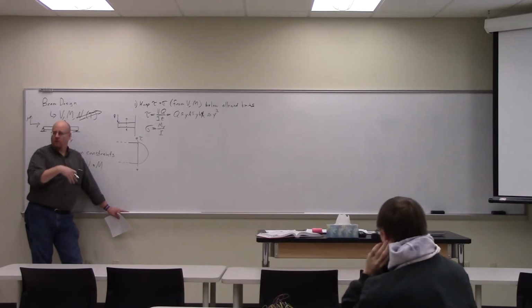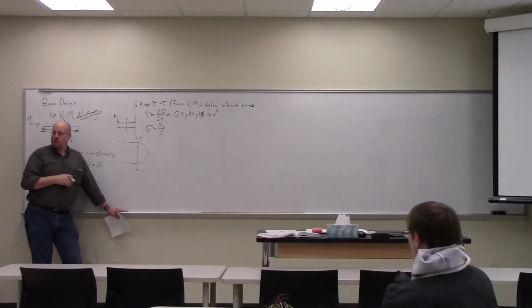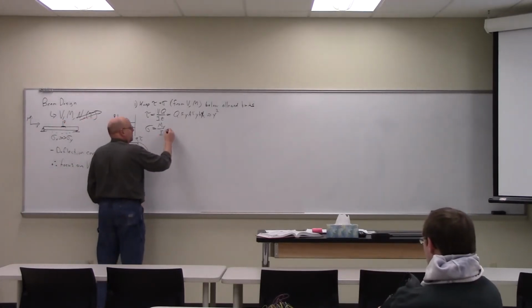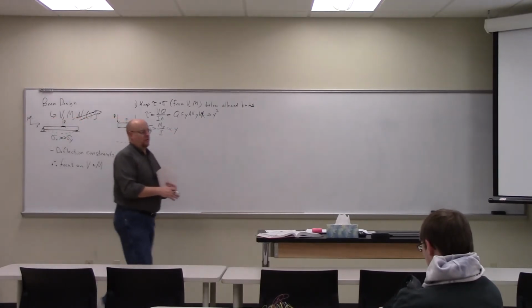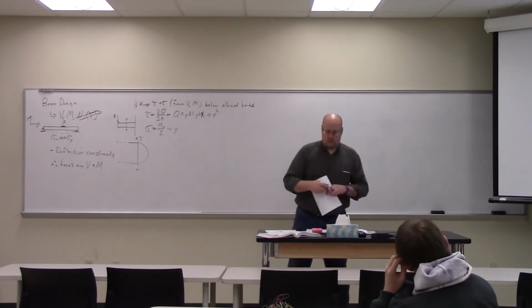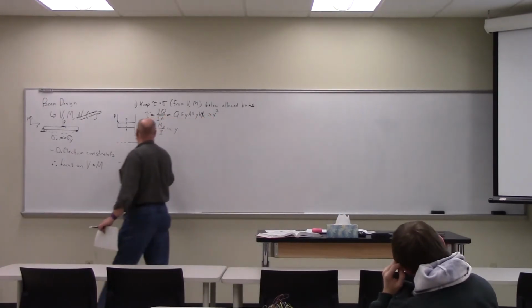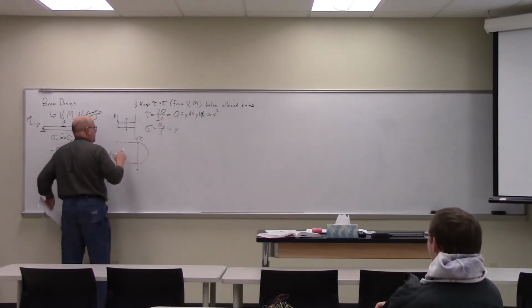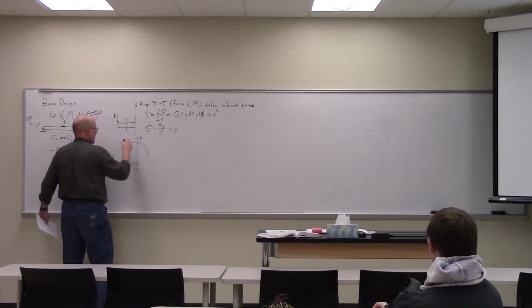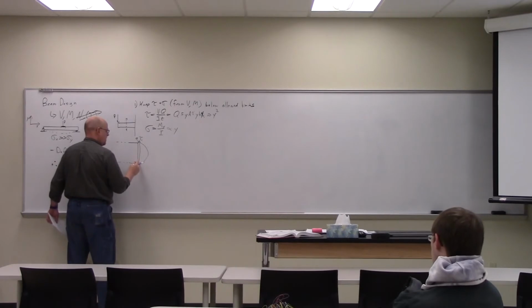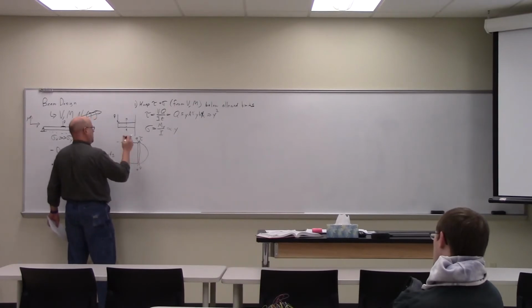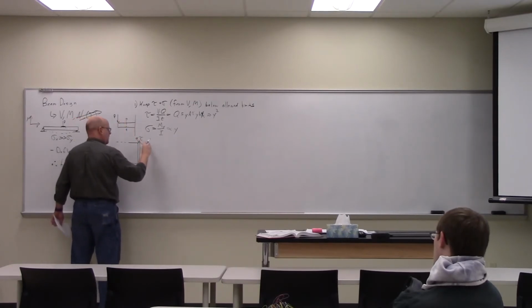M is the same across the whole beam, and I is the same across the whole beam. So sigma is proportional to Y. If I did the profile, the distribution of sigma, in this case I'm pushing down there, so my V is upward. And when I pull down here, I have an M that looks like that.